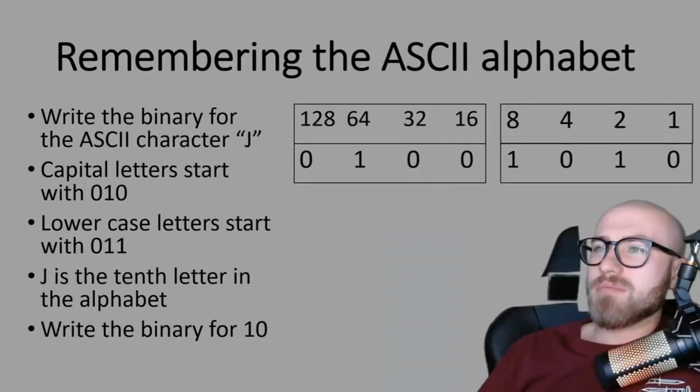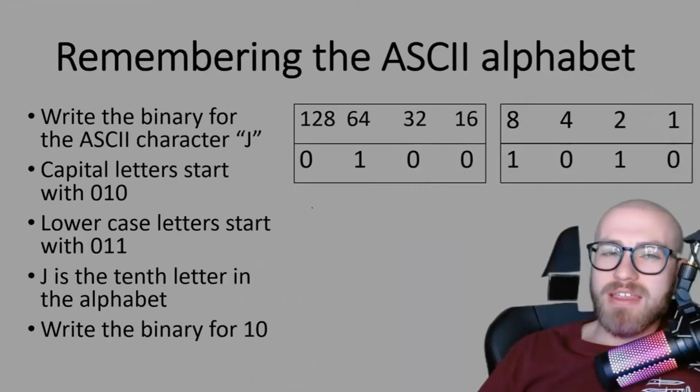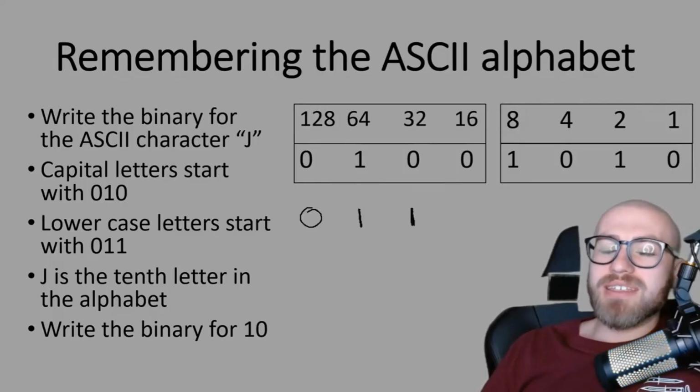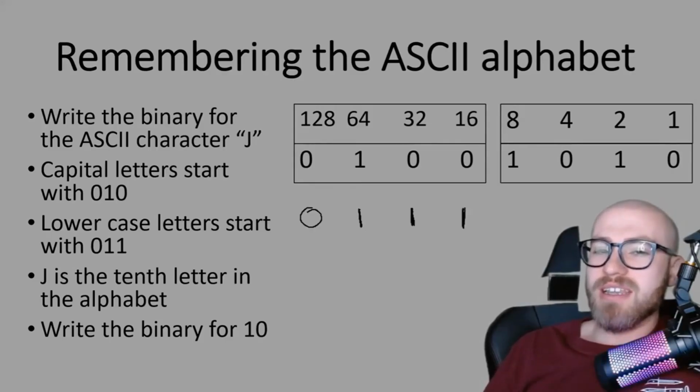So the lowercase p is going to look like we're going to have a 0 at the beginning. It's lowercase, so we want a 1, 1. And we need to make 16 for the letter P. So we're going to put a 1 there, which is 16, and the rest can be 0. And that is a lowercase p.